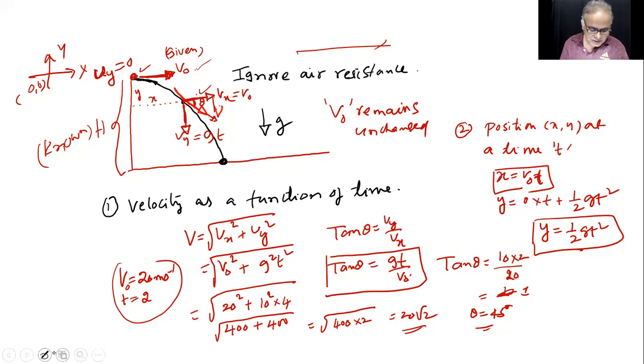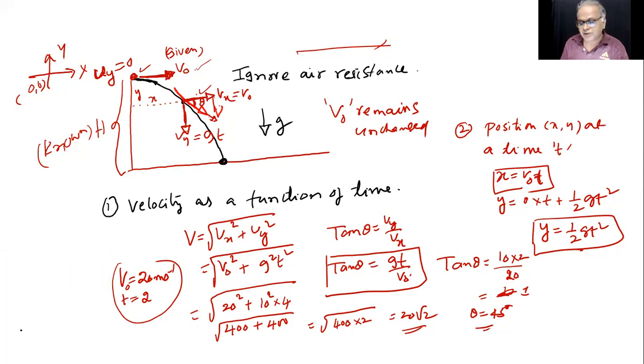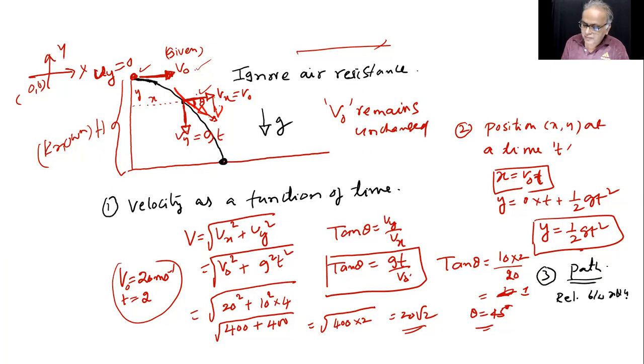What after this, Rashist? From the previous discussion, you can tell the third one will be what? Path. Look into the old one, you will know it. Path is what? Relation between X and Y. So X is there, Y is there. Let me eliminate T from there.